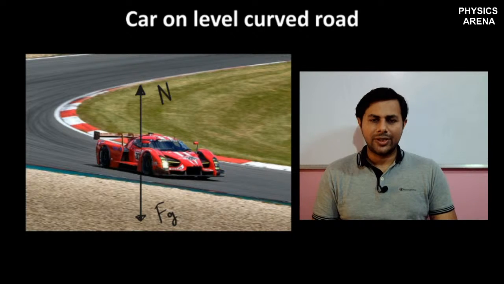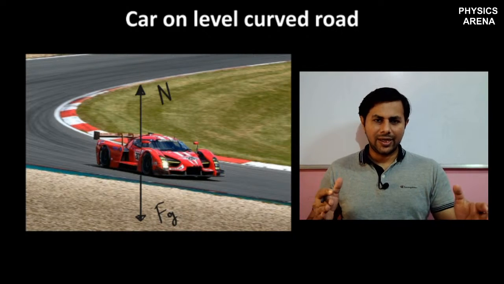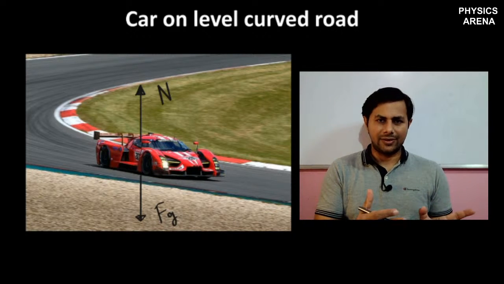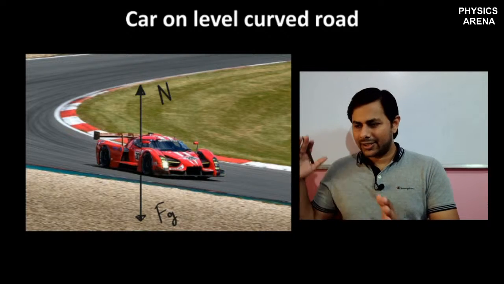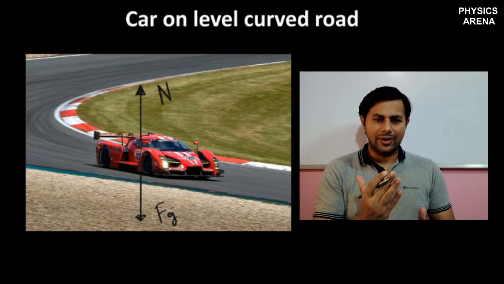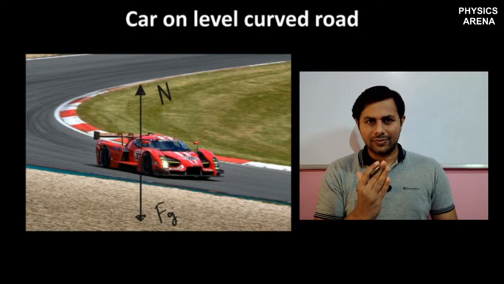Actually, you are sitting in the car, and due to your inertia you want to continue whatever motion you are performing, but it's the car which is taking a turn. So you are not moving towards right, it's the car which is moving towards left, and the window of the car comes closer to you.